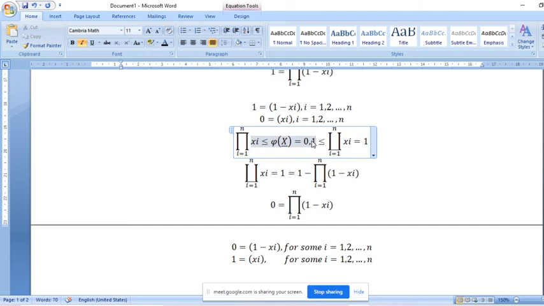For example, in the radio system, suppose that x2, x3 and x4 are 1, then certainly phi of x is 1.